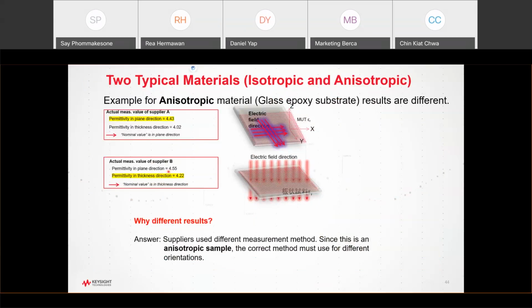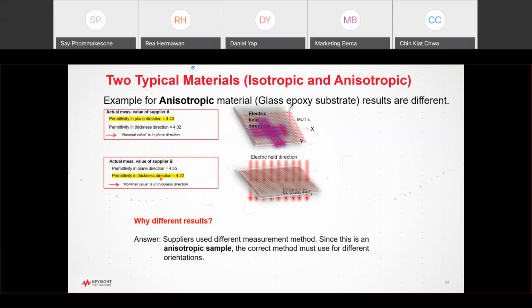In this case, we call them in plane and out of plane. So X and Y is called the in plane method, and the Z or the vertical is the out of plane method. That's the official term that they use. So in this particular case, supplier B is using the out of plane method.